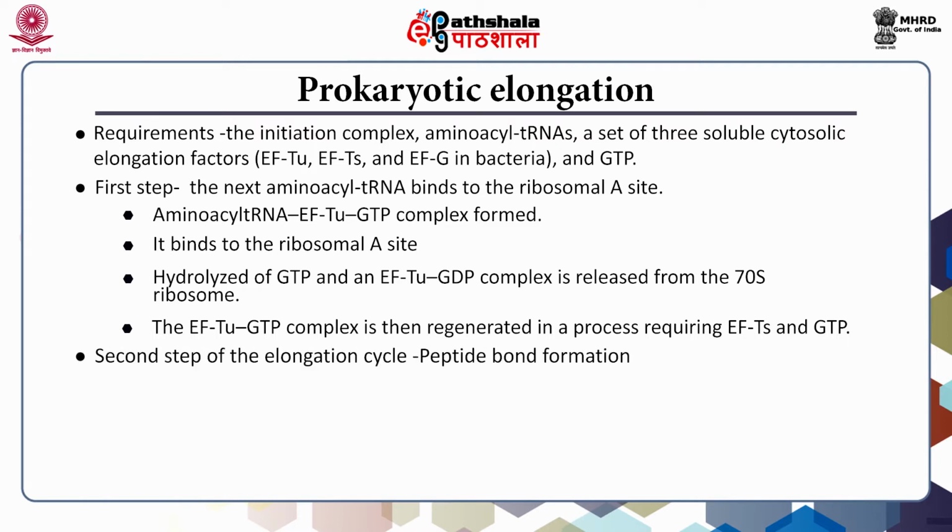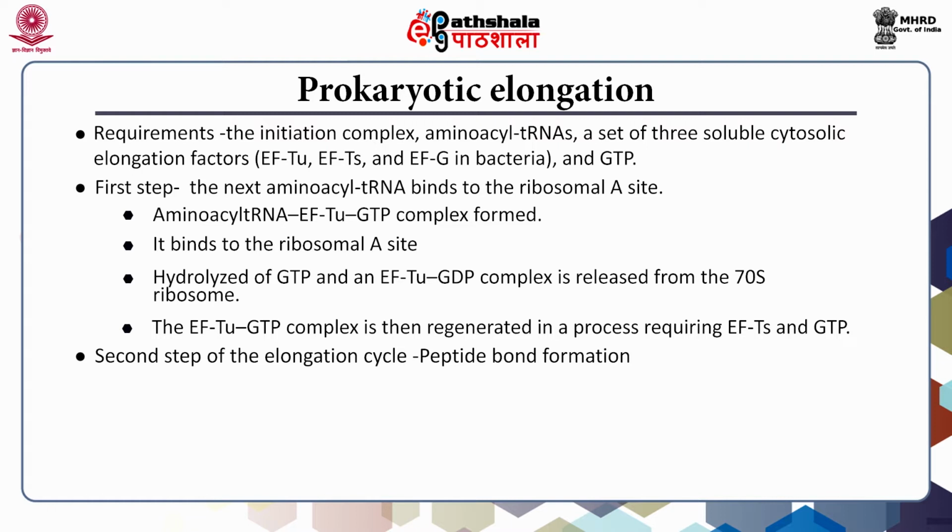In the second step of the elongation cycle, peptide bond formation takes place between the amino acids attached to the ribosomal P and A sites by their respective transfer RNA molecules. During this step, the amino group of the amino acid at the ribosomal A site makes a nucleophilic attack and displaces the transfer RNA in the P site, resulting in peptide bond formation between the two amino acids.